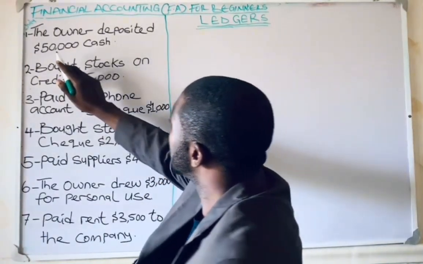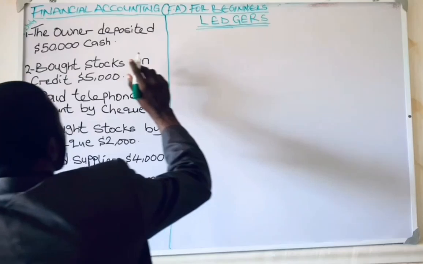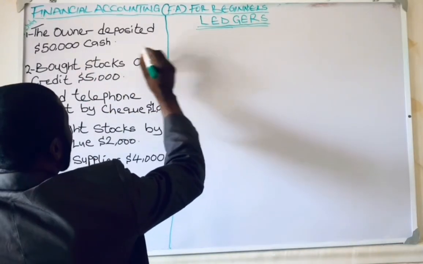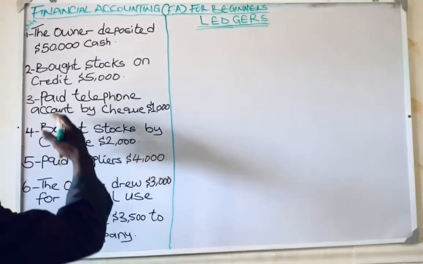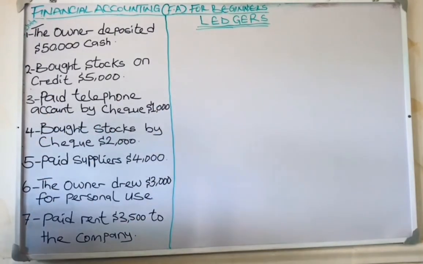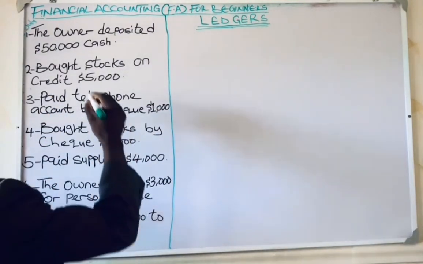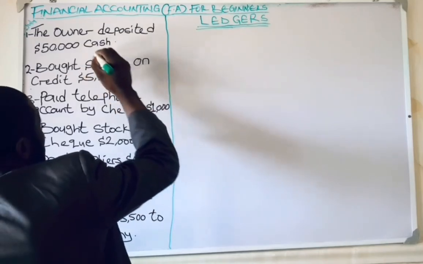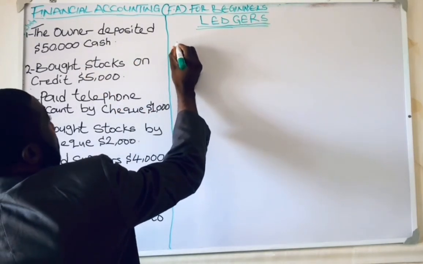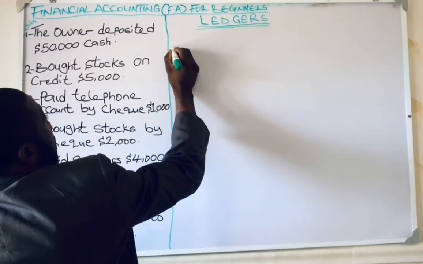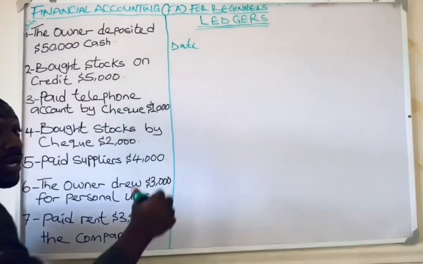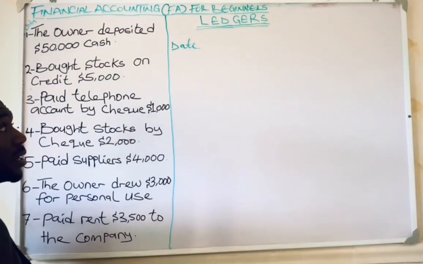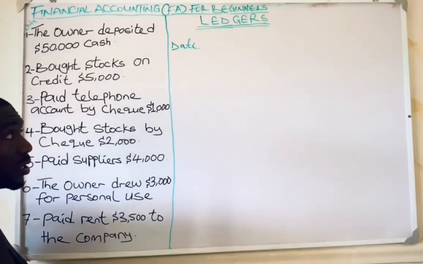Let me just bring the journals here, our journal entry, so that we'll prepare a ledger. Then I will be using the transactions to prepare the remaining ledgers. So from our transaction here, we have dates. This is the journal. Go back to my previous video, you'll see how we enter our transactions into journals.